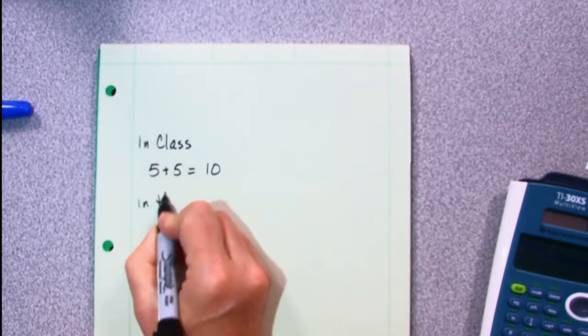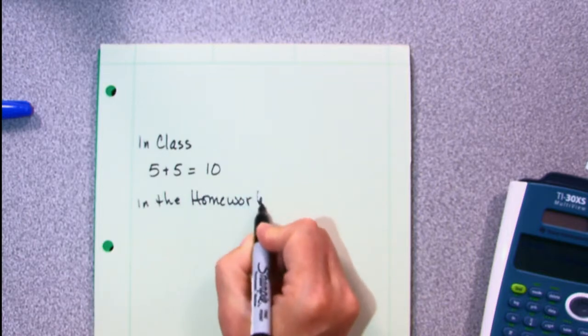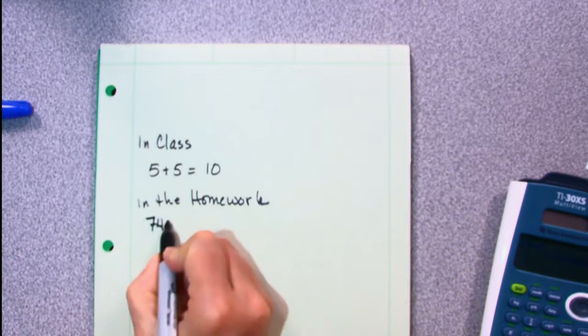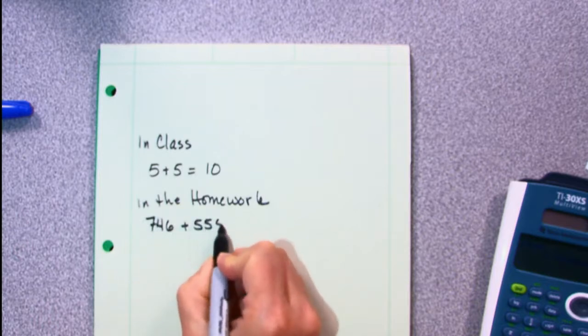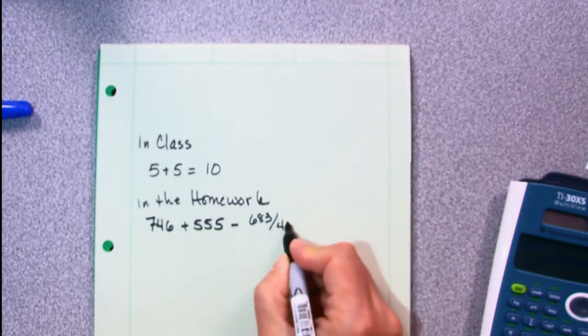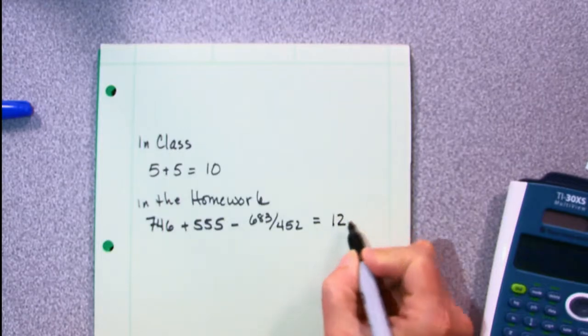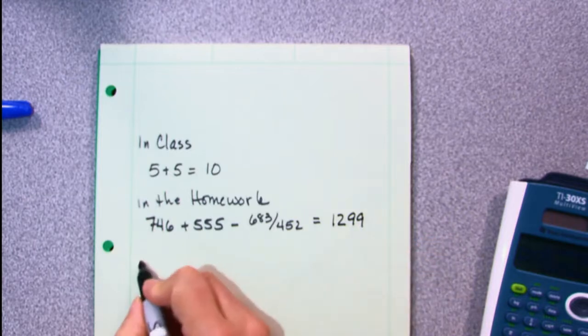In the homework, it's something like 746 plus 555 minus 683 divided by 452. We'll go ahead and do it just for grins and giggles, because I don't remember the actual number. This would equal 1,299.